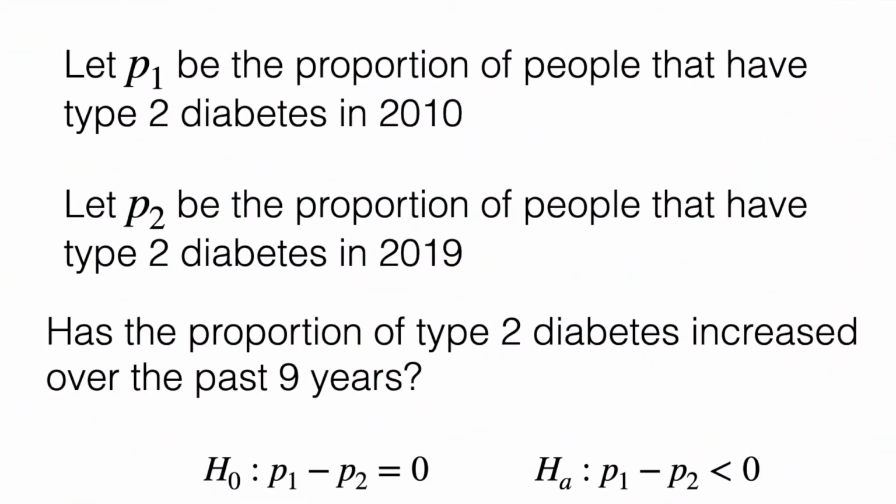So we can formulate this as a difference, and all we do is move P2 to the side of P1 by subtracting P2 from both sides. So we can write our null in the form P1 minus P2 equals 0, and let's keep that in mind because we're going to come back to that in a few minutes. And the alternative is P1 minus P2 is less than 0.